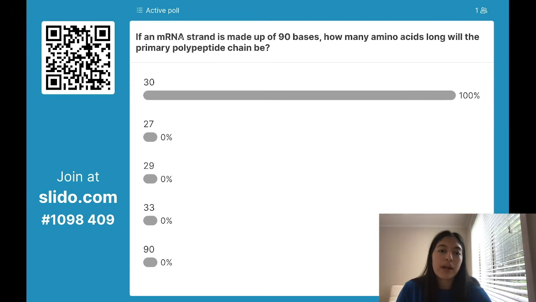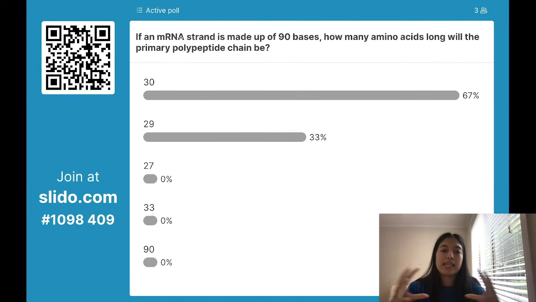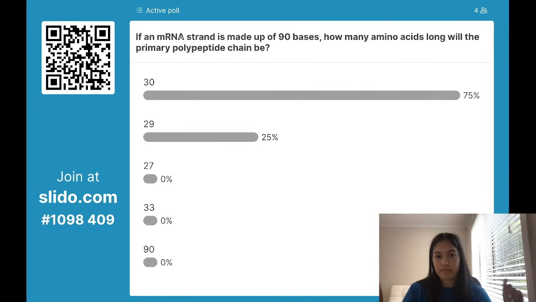So if an mRNA strand is made up of 90 bases, so we have 90 bases in our mRNA strand, thinking of after transcription, how many amino acids will our polypeptide chain be? What do you guys think? So our mRNA strand, again, think about codons and that.